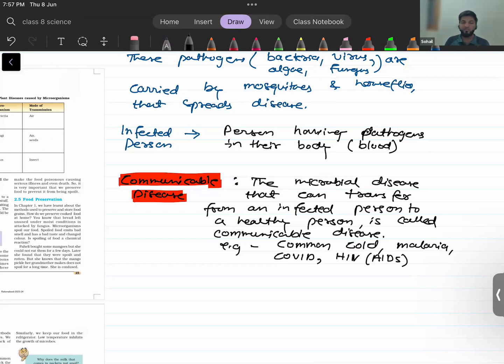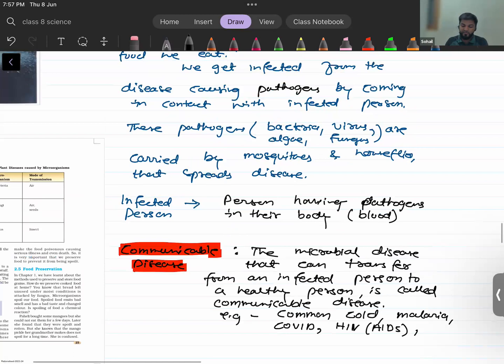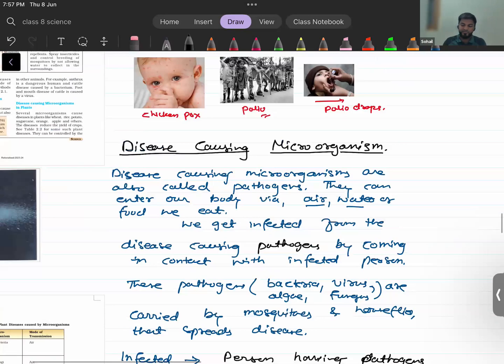If the blood of an infected person suffering from AIDS comes in contact with the blood of a healthy person, that healthy person might also catch the disease. Some other examples, see the figure here, this chicken pox, this malaria.